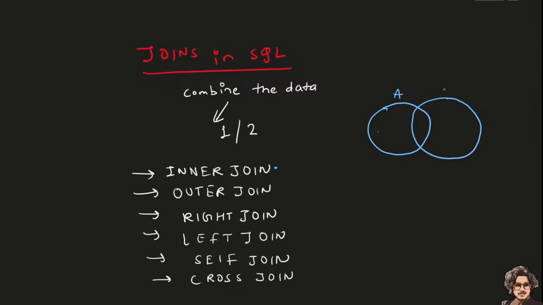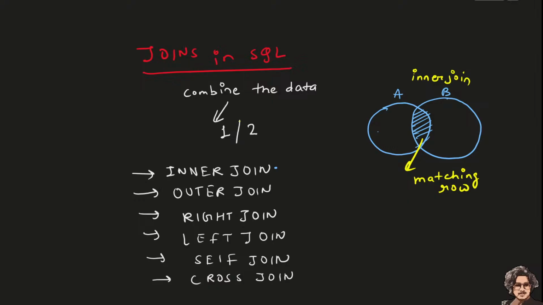This is A and this is B, and this part is known as the inner join. It returns only matching rows from both tables. These are the matching rows. This is called an inner join.